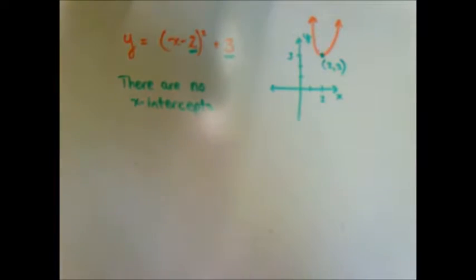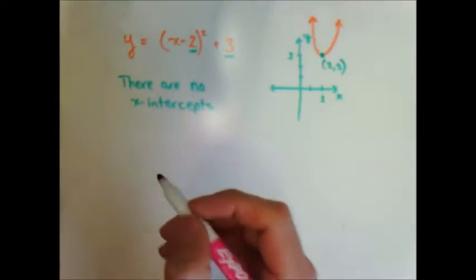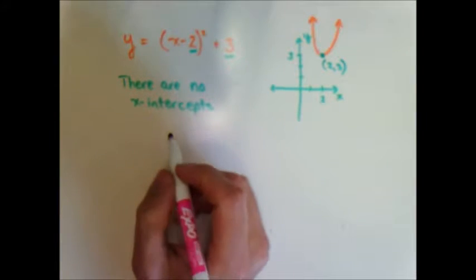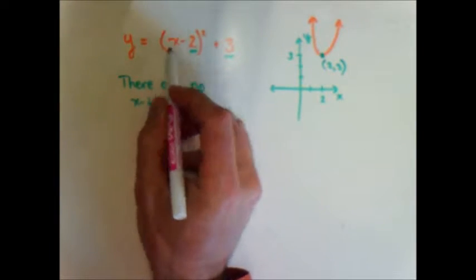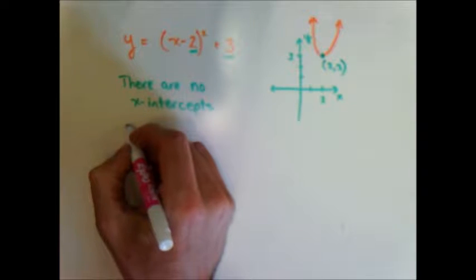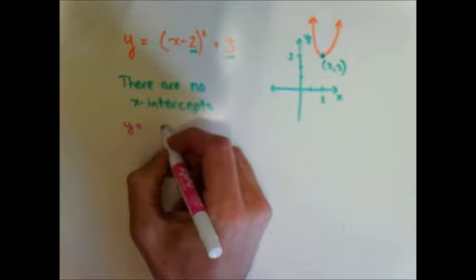Now that's not quite sufficient, doing it by the graph and just judging it by the equation that we're given. So we're going to verify that using the quadratic formula, and we're going to find out what happens. So in order to use the quadratic formula, first of all, this needs to be rewritten in standard form. So let's do a little bit of math on this.